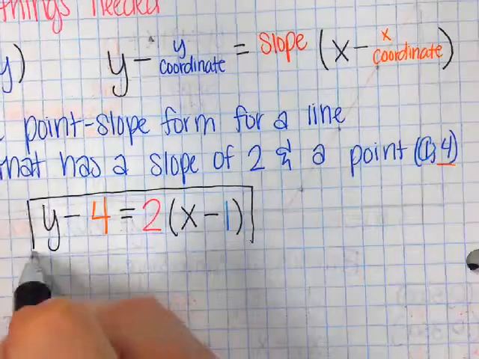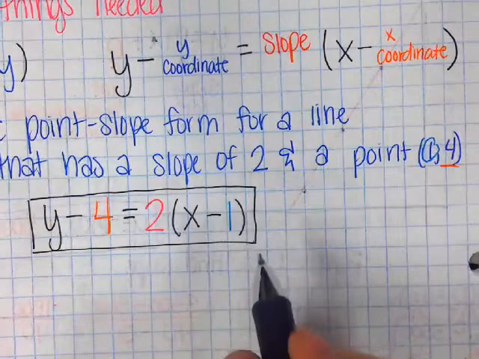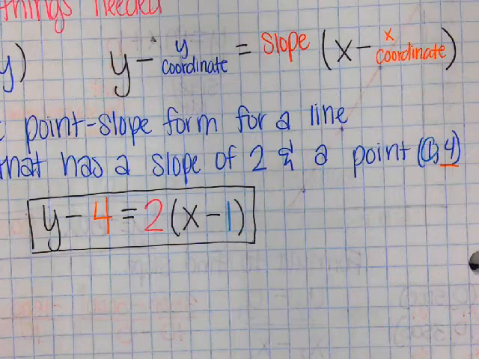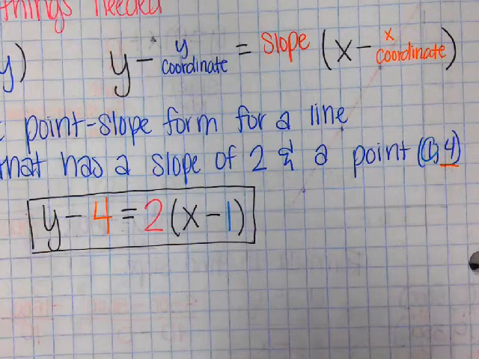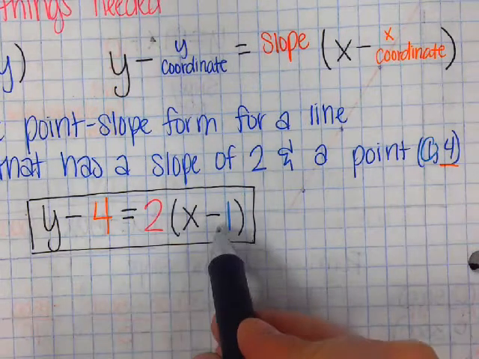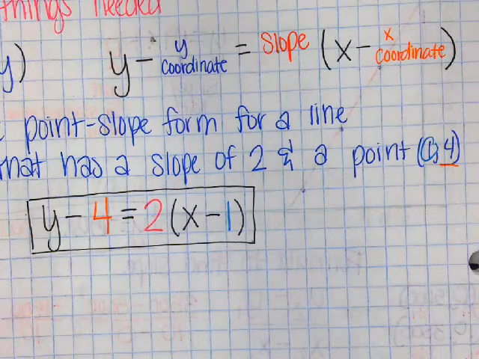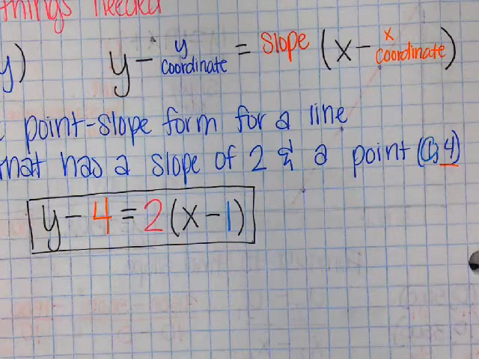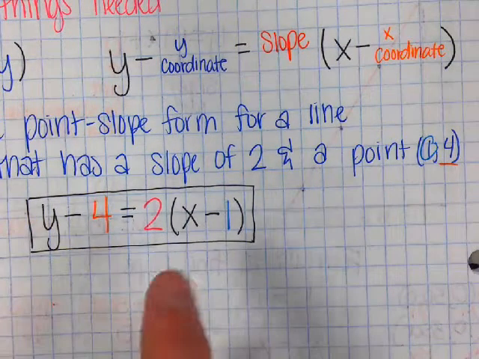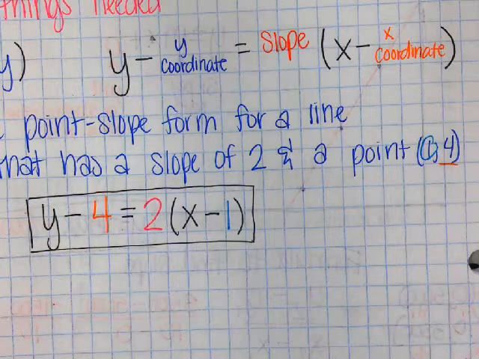Now the reason we do this is because if you can't see your y-intercept on your graph or in the information that they gave you, this is what you can use to find it. So what you're going to do is multiply this out and end up just solving for y.